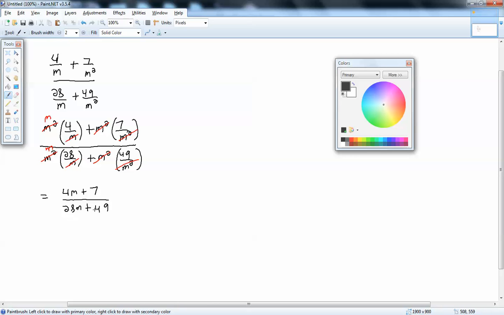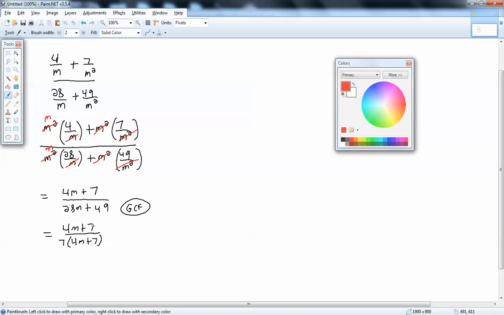Okay, now after you get rid of the complex fraction, you still need to simplify the rational expression. So we're going to factor the top, factor the bottom. 4m plus 7 we can't do anything with. Bottom part, though, I think is GCF. So we're going to have 7 times 4m plus 7, since those are both divisible by 7, I believe.